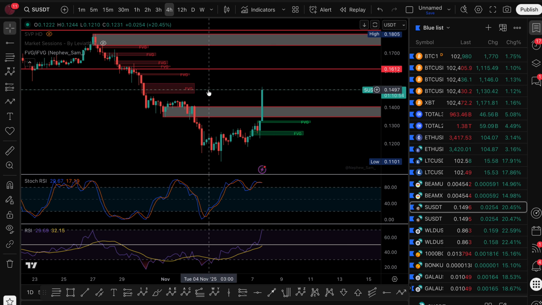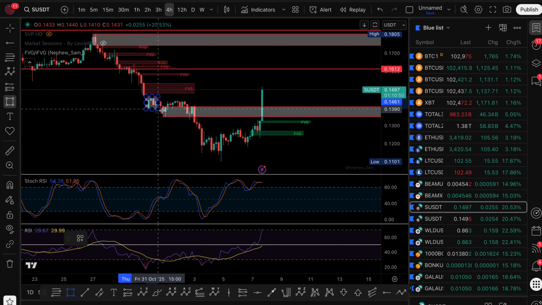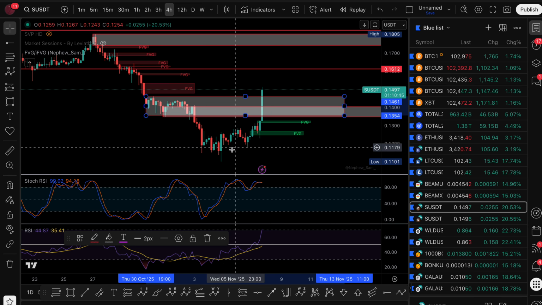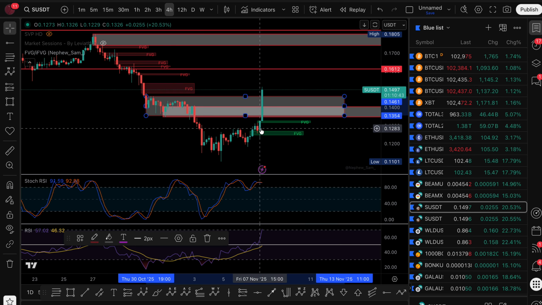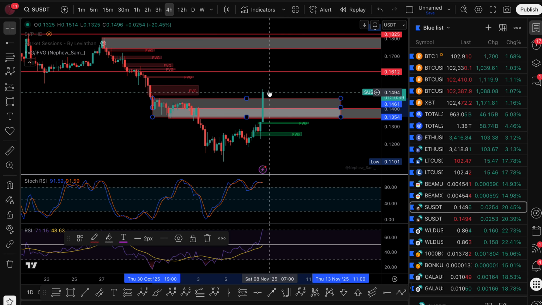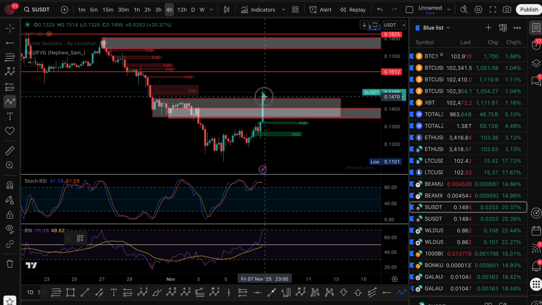SUSDT, same thing. If it closes above this resistance here, that would be good, right? It's already closed above that. This is a bullish change of delivery. So you can be buying dips and target that level there.